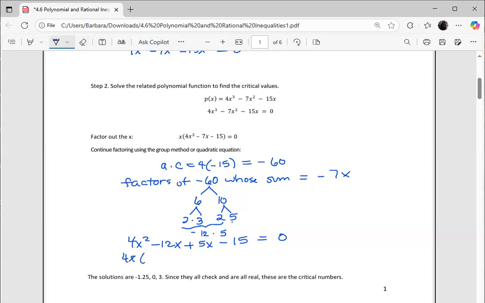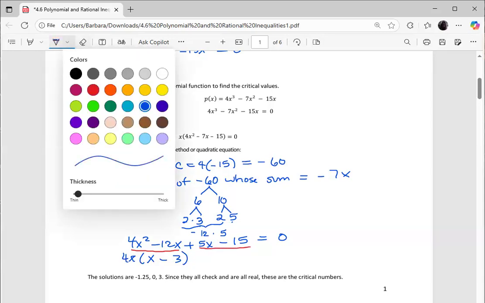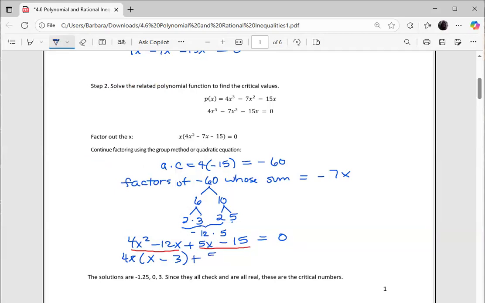And what's left is x minus 3. So that's the first two terms. The second two terms, we can factor out a 5, and we're left with x minus 3. We can factor out the x minus 3 from both terms, and we're left with 4x plus 5.